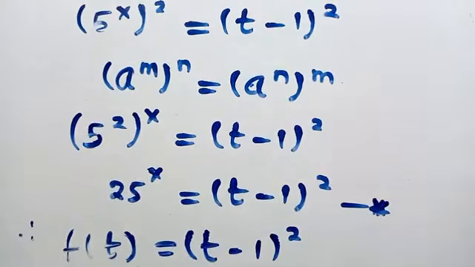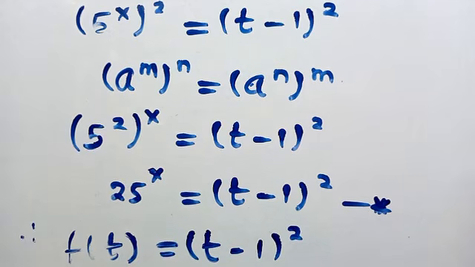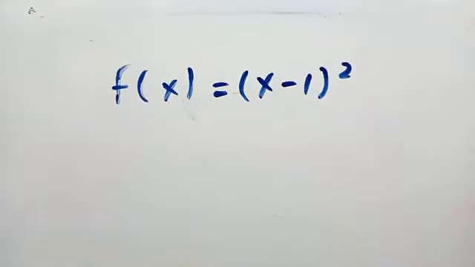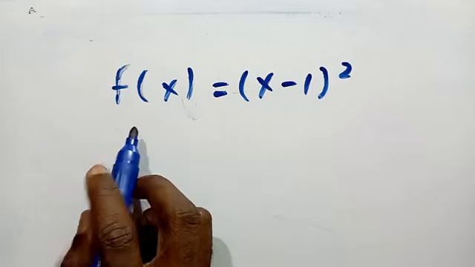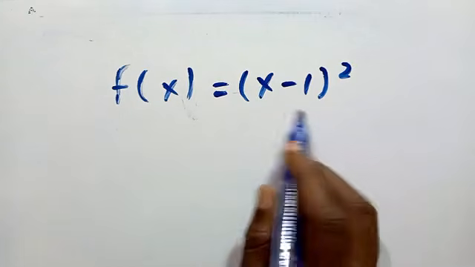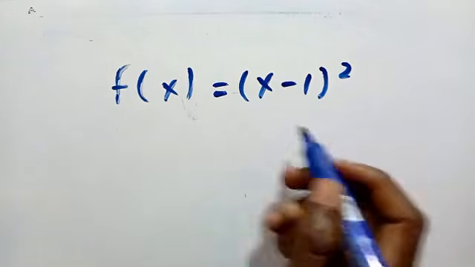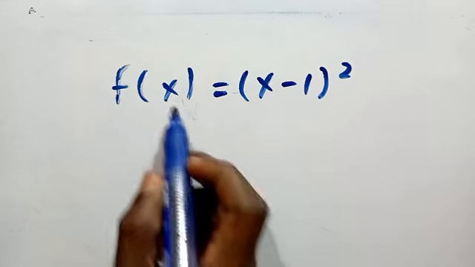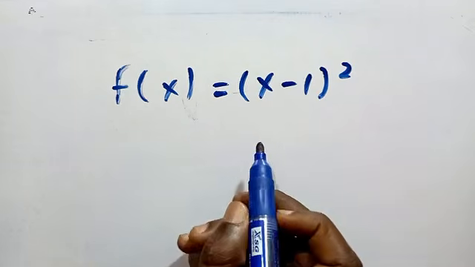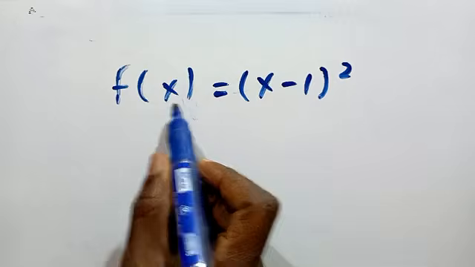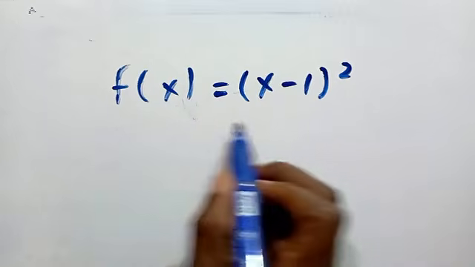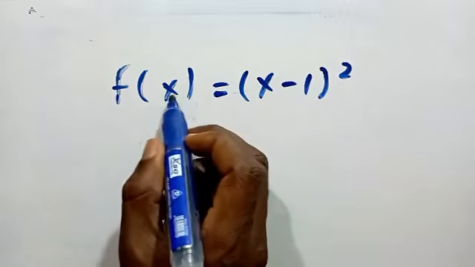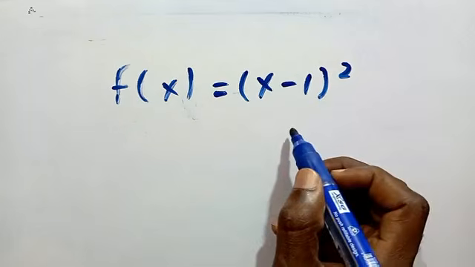Getting to this stage, this is the first step we are going to take. But the real question here is to find f of x minus 4, and this is only f of x. So what we just need to do is replace x with x minus 4.